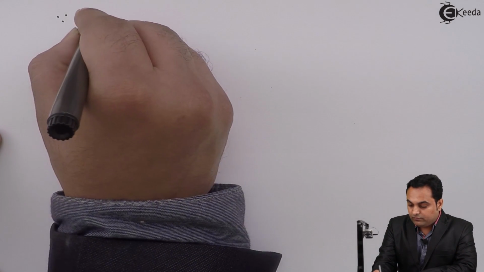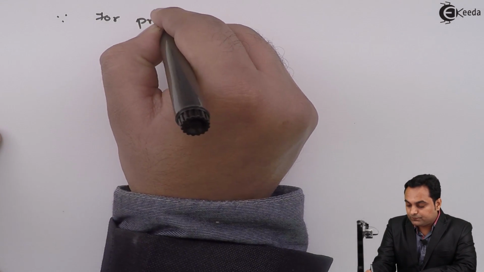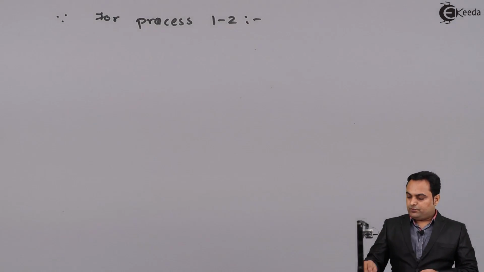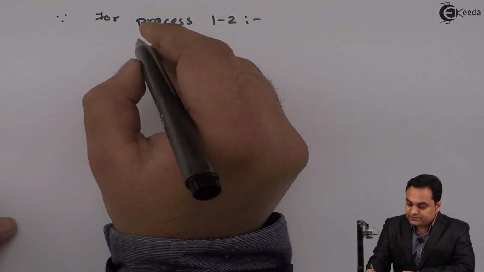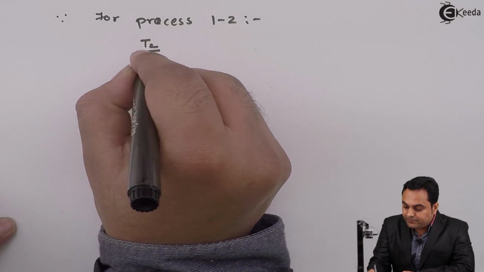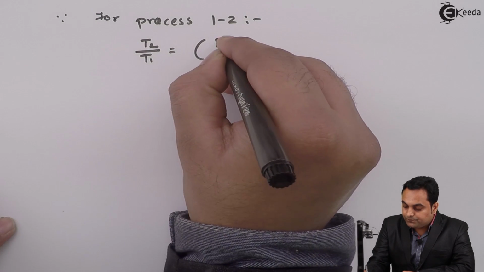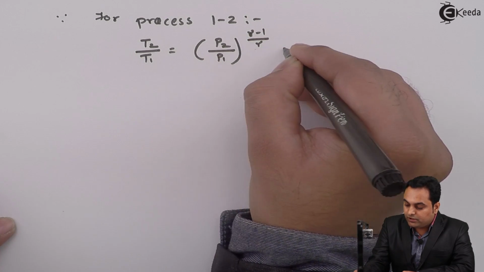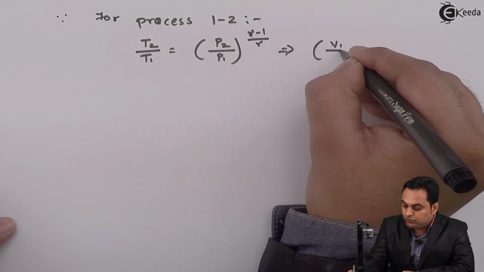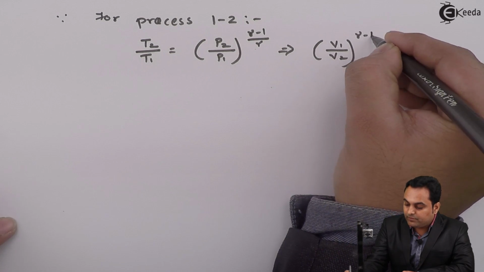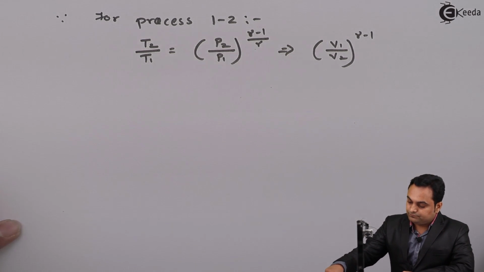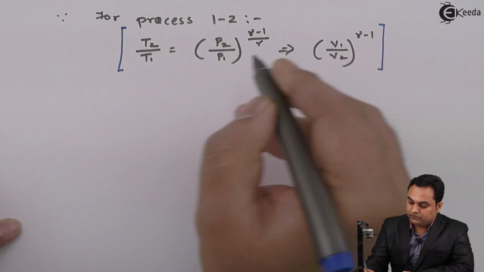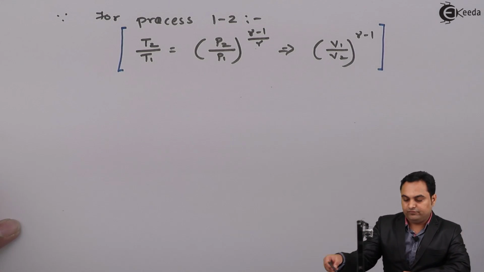since for process 1 to 2, the relation can be written as T2 by T1 is equal to P2 by P1 raised to gamma minus 1 upon gamma, and it can be also equal to V1 by V2 raised to gamma minus 1. Now from this relation I'll calculate the value of T2.